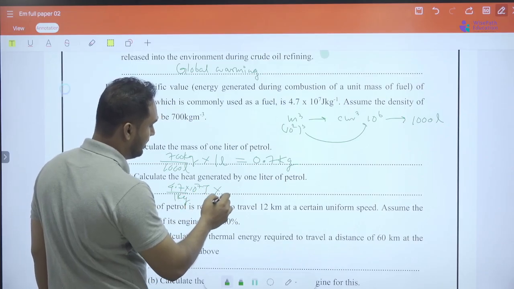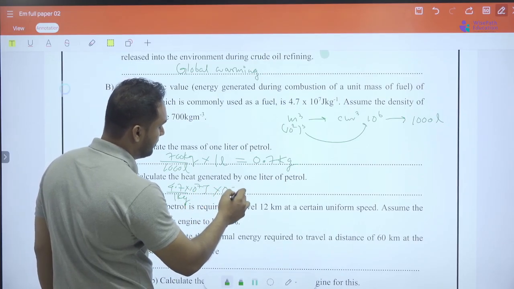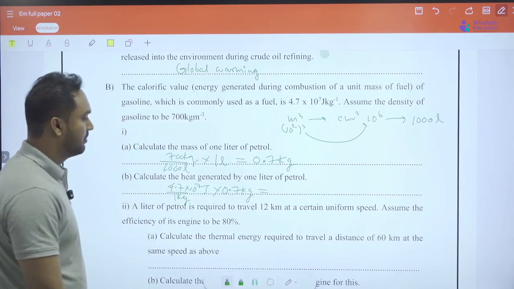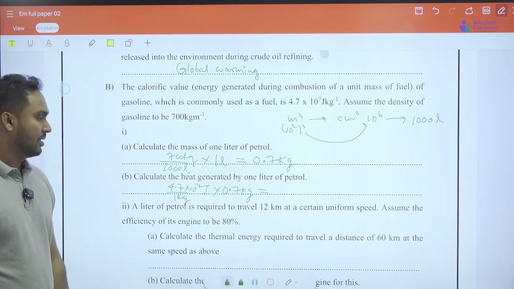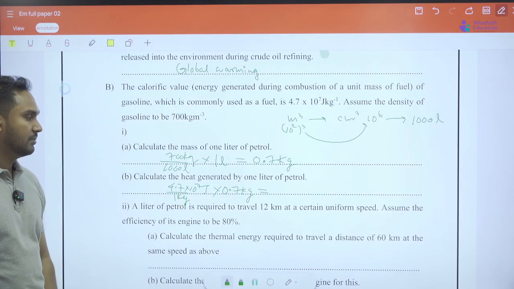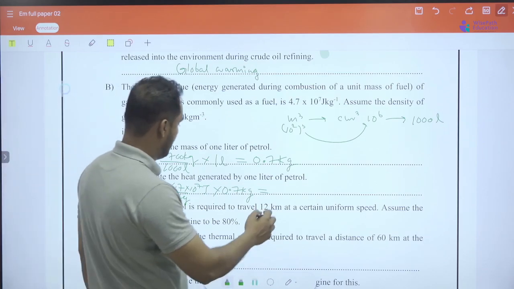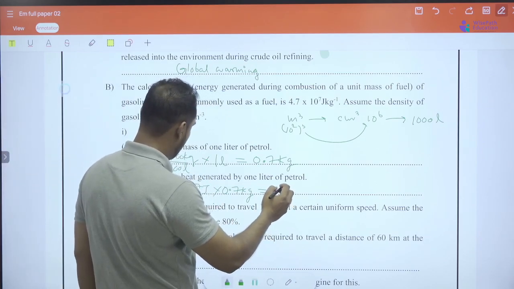So 1 kilogram makes 4.7 times 10 to the power 7 joules. You have to find how much it would make for 0.7 kilograms, so you multiply by 0.7. 4.7 multiplied by 0.7. Tell it in powers.